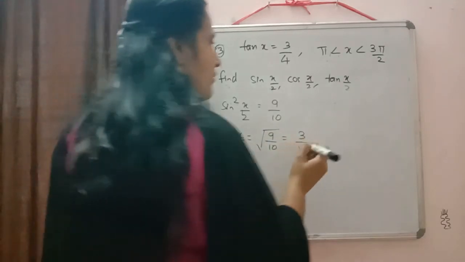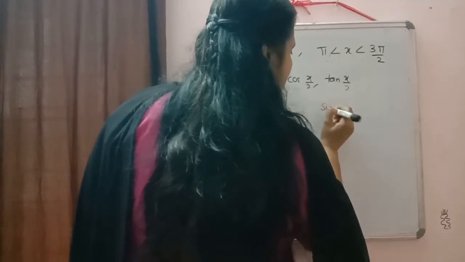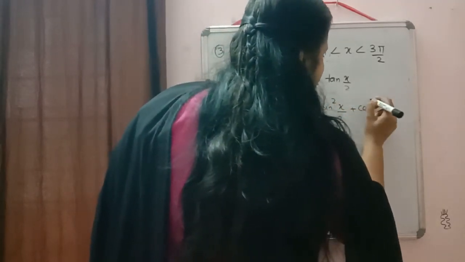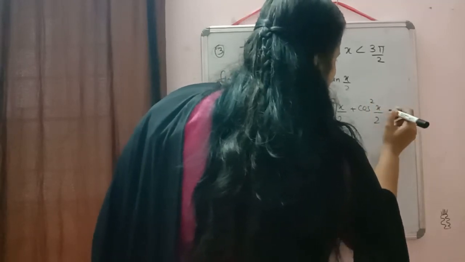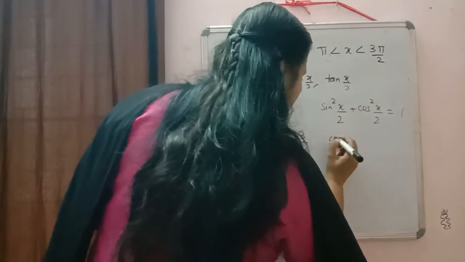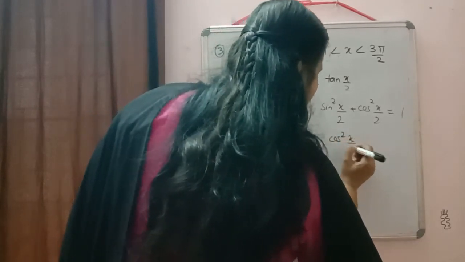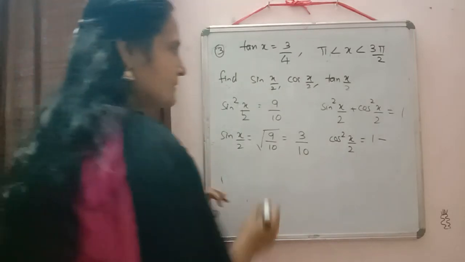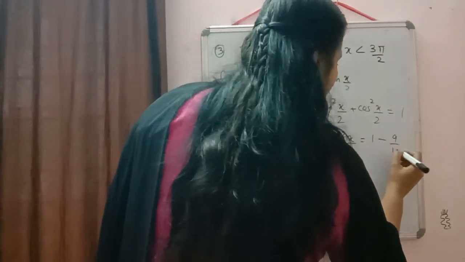Now we will check how we can find out cos x by 2. For that we know this identity: sin square x by 2 plus cos square x by 2 is equal to 1. So from there cos square x by 2 can be written as 1 minus sin square x by 2. And sin square x by 2 is 9 by 10.